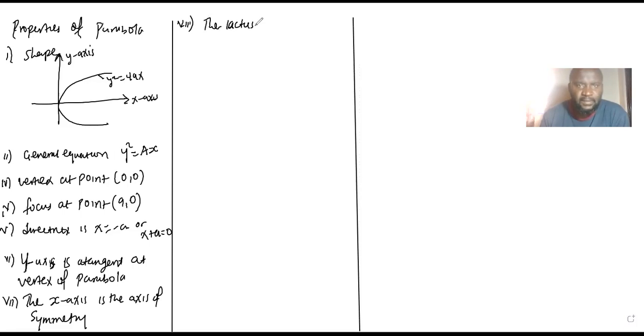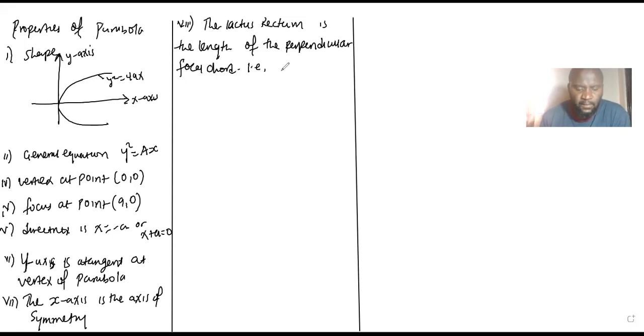The latus rectum is the length of the focal chord, i.e. the length of the perpendicular focal chord, the chord through the focus and perpendicular to the x-axis.